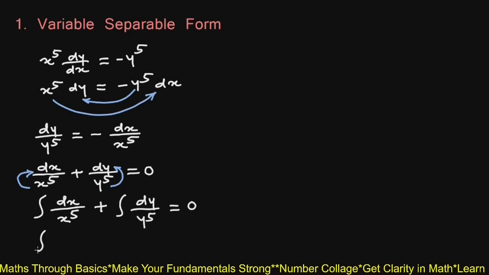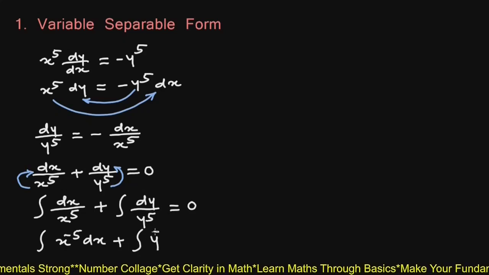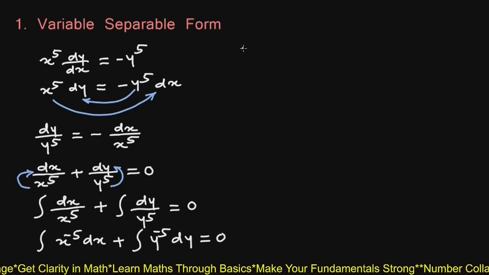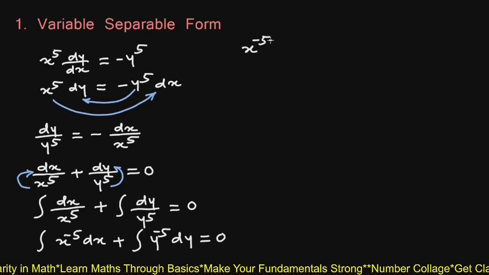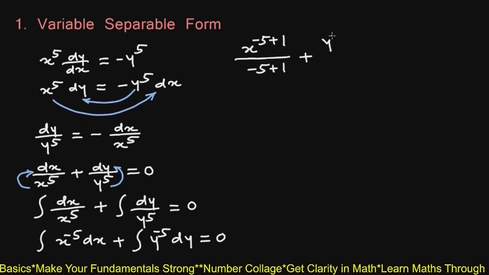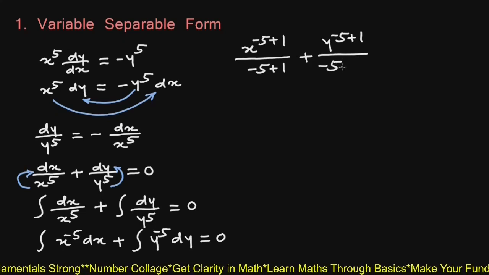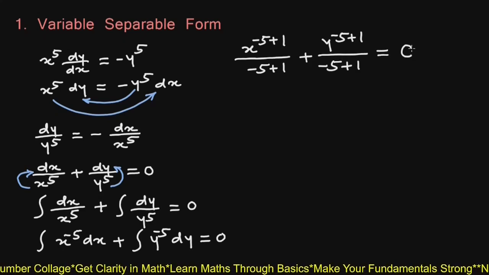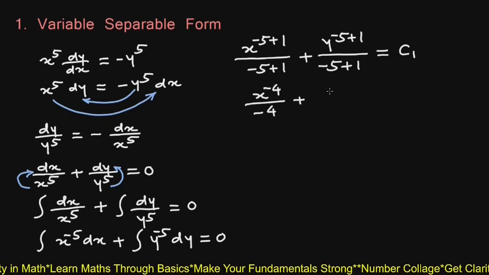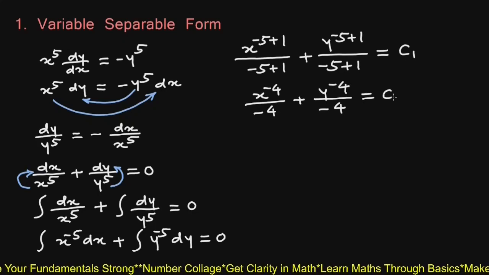This is integral x raised to minus 5 dx plus integral y raised to minus 5 dy equals 0, which is x raised to minus 5 plus 1 upon minus 5 plus 1 plus y raised to minus 5 plus 1 upon minus 5 plus 1 equals constant of integration c1. x raised to minus 4 upon minus 4 plus y raised to minus 4 upon minus 4 equals c1.